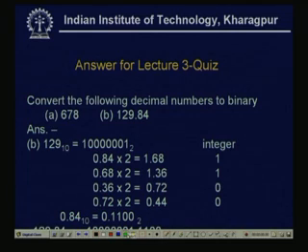See, the place values here are 1, 2, 4, 8, 16, 32. So, these are the places.